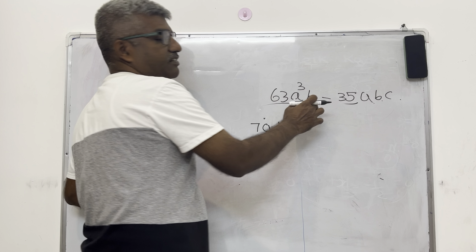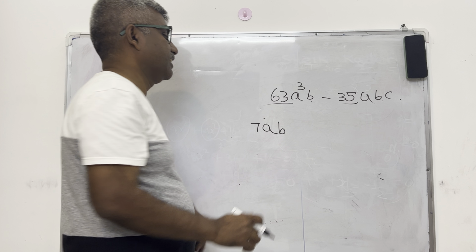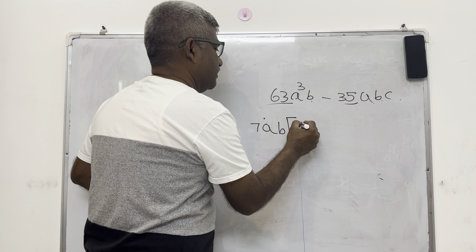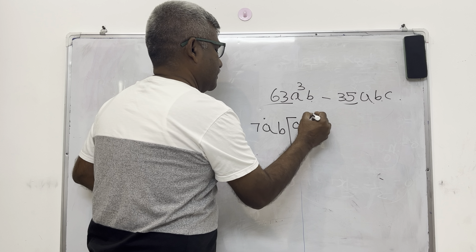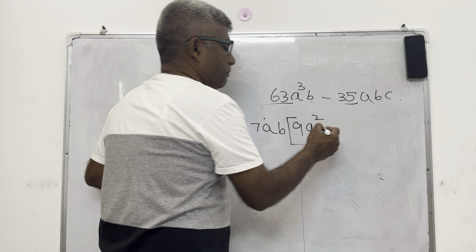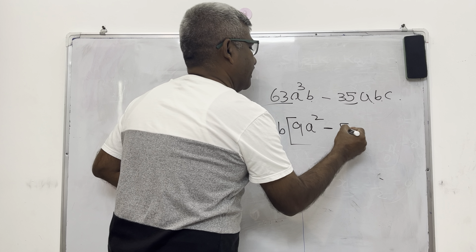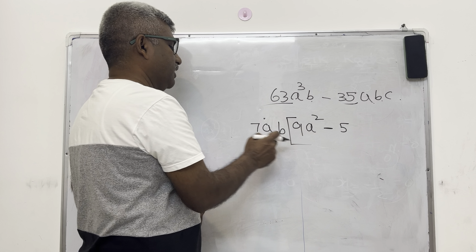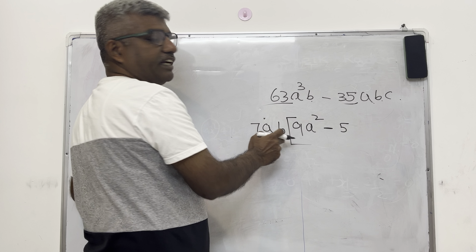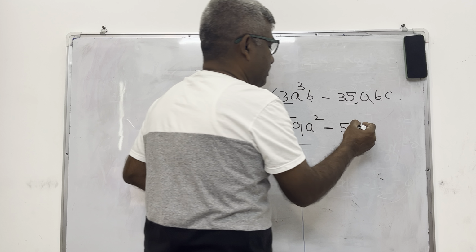Here c is there, here c is not there. So we should not write c here. So 7ab. 63 a cube b over 7ab is 9a squared. Then minus 35abc, the minus you put it, 35 over 7 is 5. a already we taken, b taken, minus 5c.